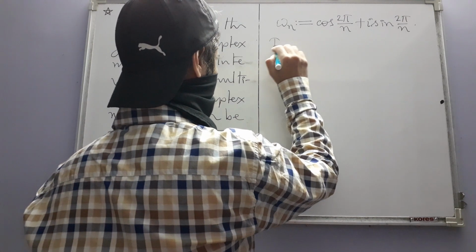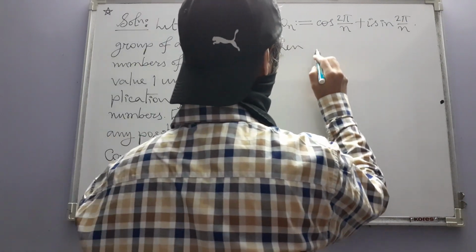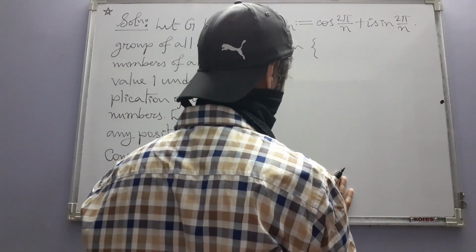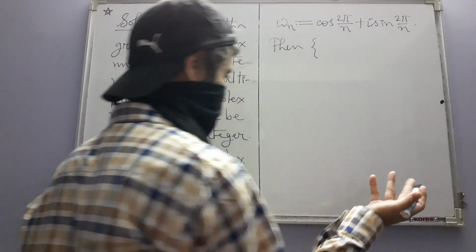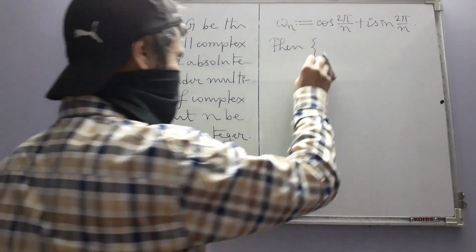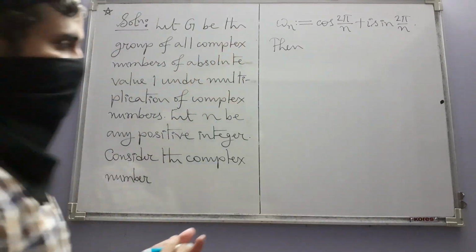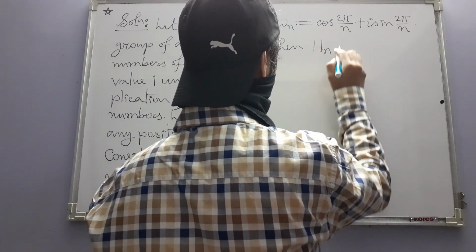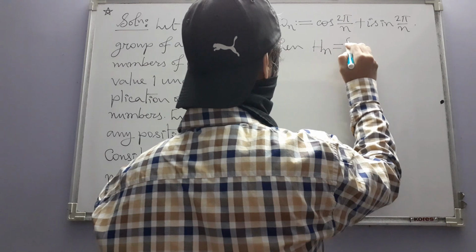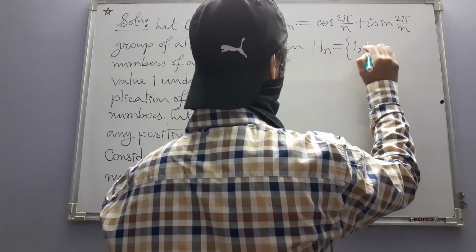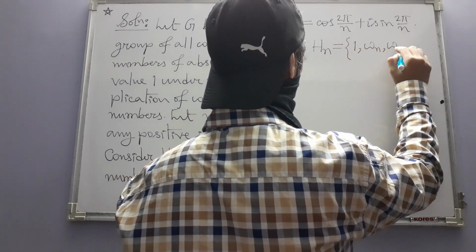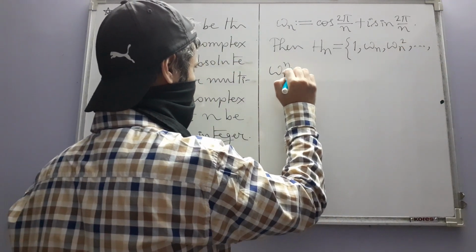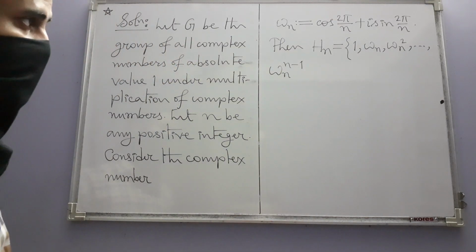Then this set, should I name it something? Yeah, because I'm going to say something about this set now. Let me just call it Hn. 1, omega n, omega n square, and so on up to omega n to the power n minus 1.